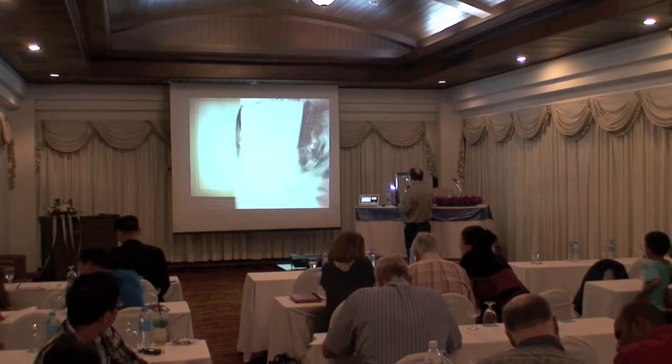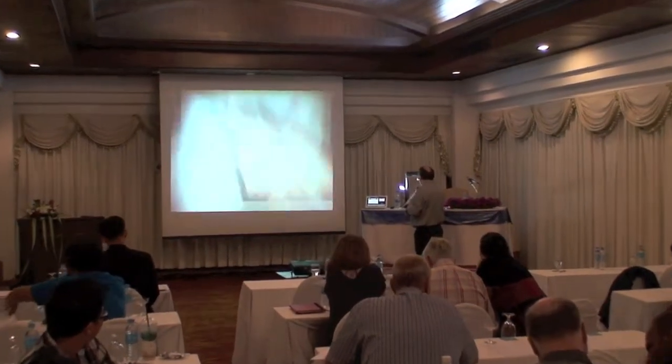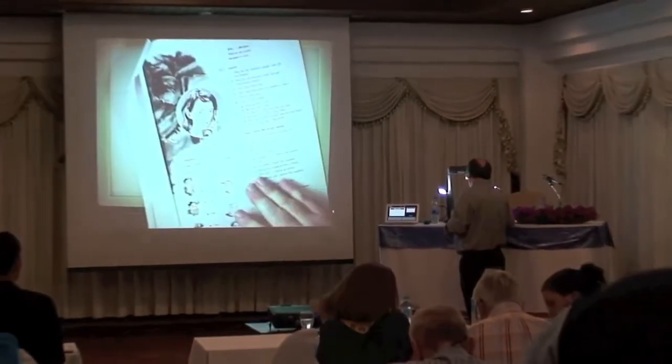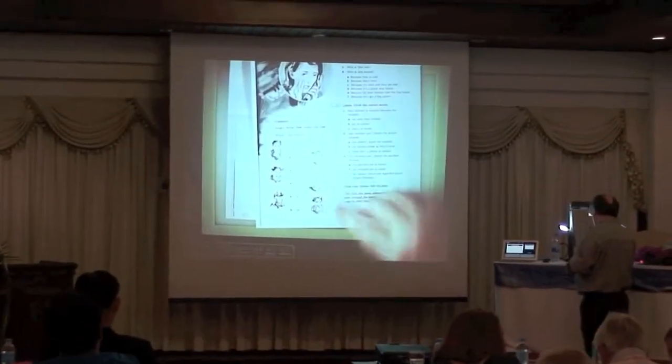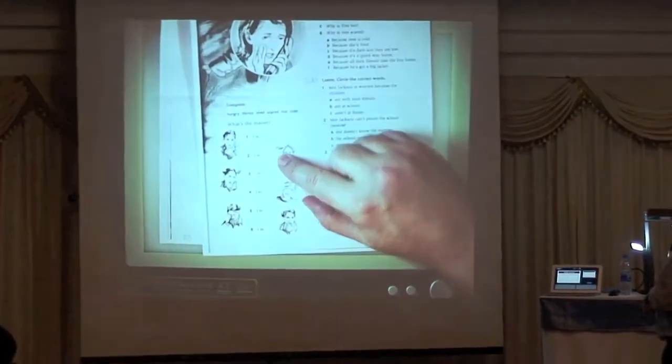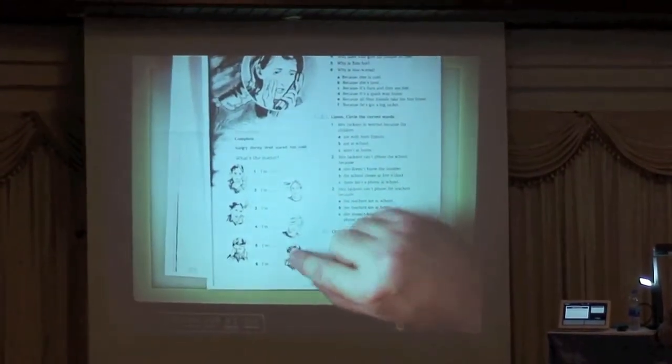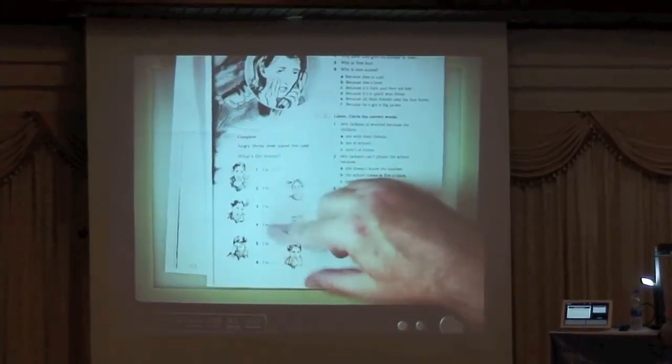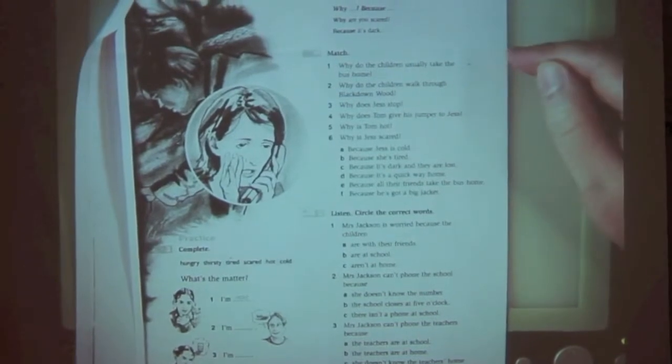On the second page, students are focusing on the adjectives: hungry, thirsty, tired, scared, and they look at the pictures and fill in the missing words. The next activity has some questions and answers. They match the two.